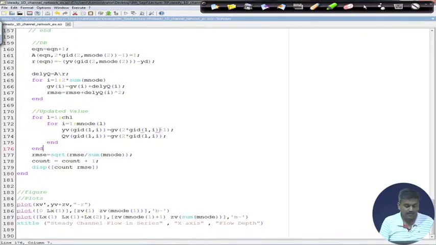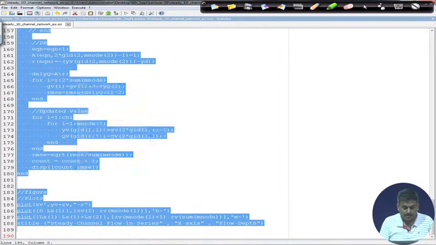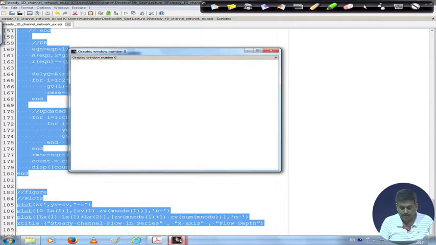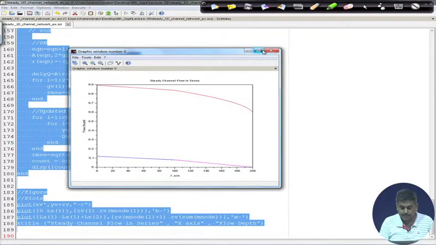So in this case we are directly getting the solution. It is similar to our previous case. This is the channel transition. Obviously the color is different, and we are getting one transition here.